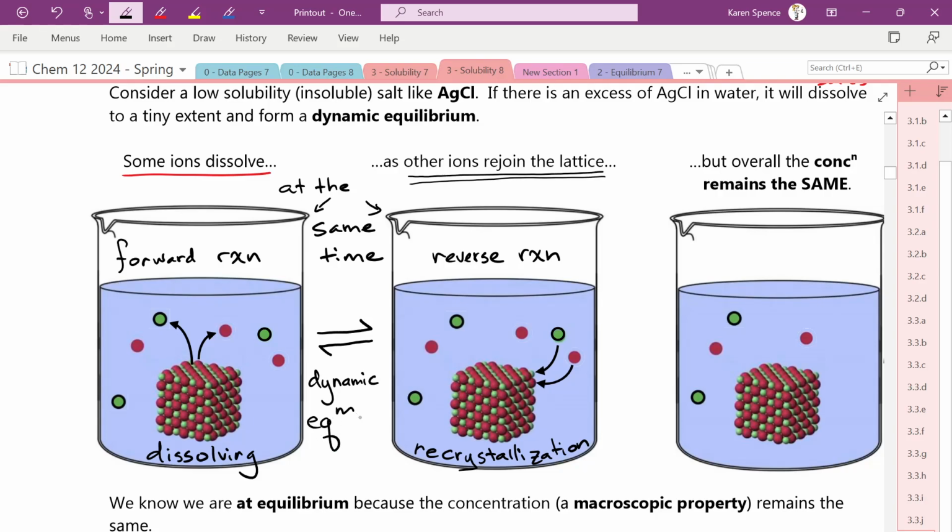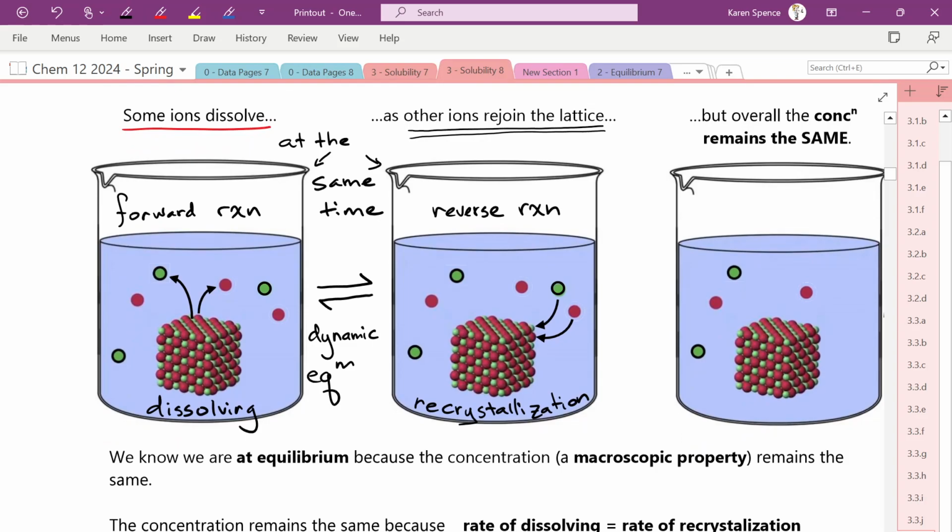I'm just going to write EQM for equilibrium because there's not enough space. And so if every time one particle dissolves, another particle recrystallizes or precipitates, what will happen to the concentration? It will stay the same, okay?